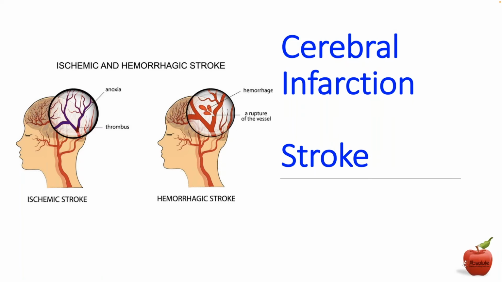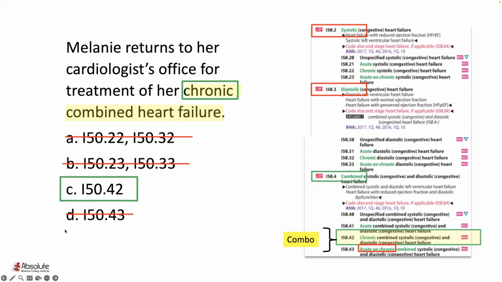All right. So hemorrhagic is a lot more complex and severe. Now let's get to the business of coding for these strokes.